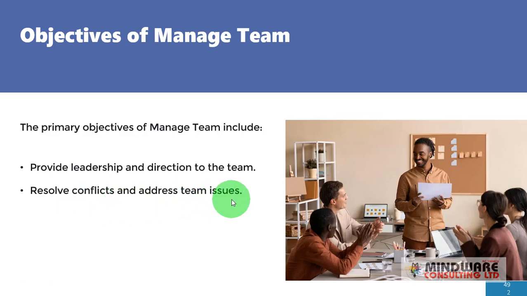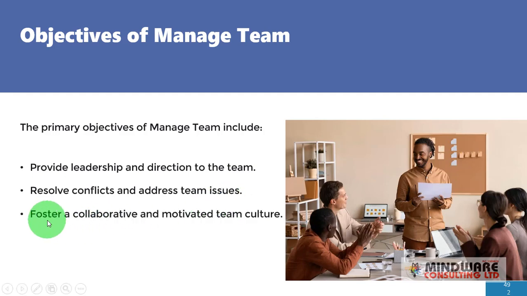Conflicts are always going to arise. You're going to have issues within the team from time to time. So the ability to resolve those conflicts and address those issues is very, very key to successful project execution. Foster a collaborative and motivated team culture. So these are the objectives that you should have in perspective for this particular sub-process.